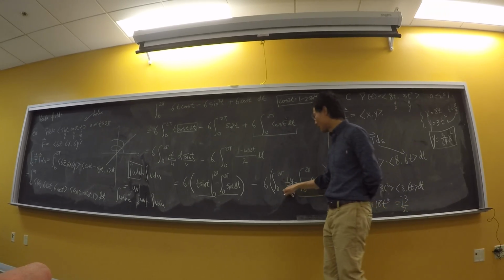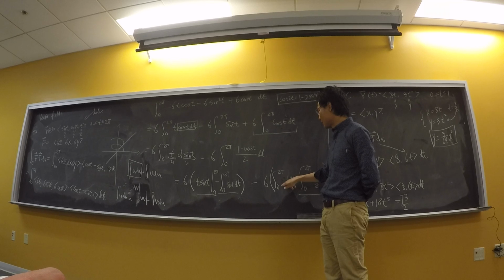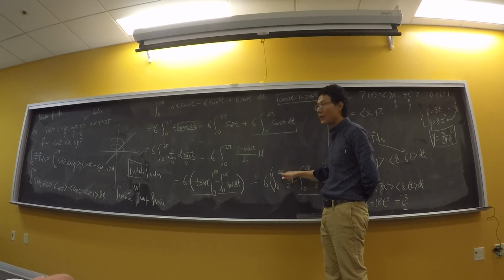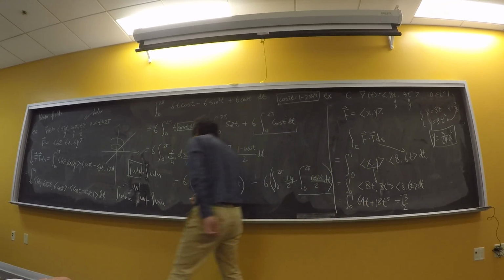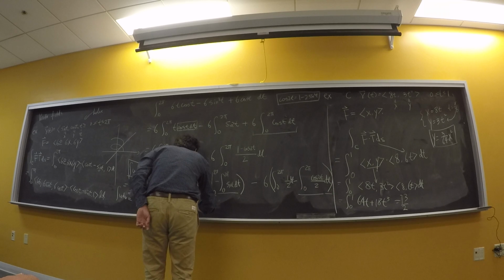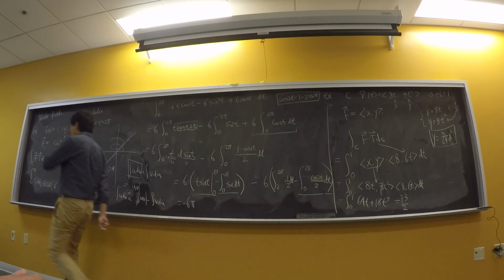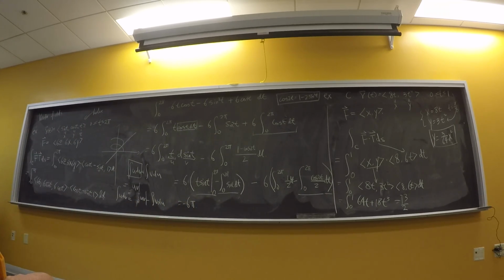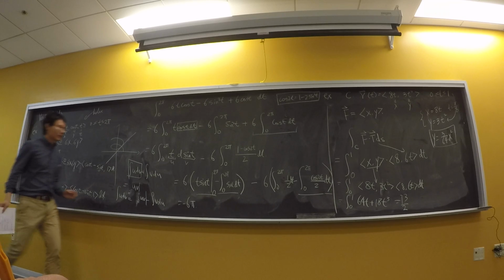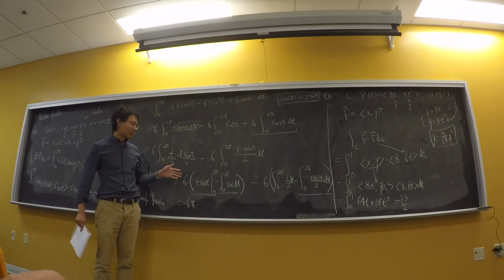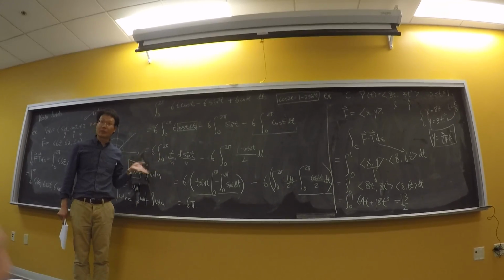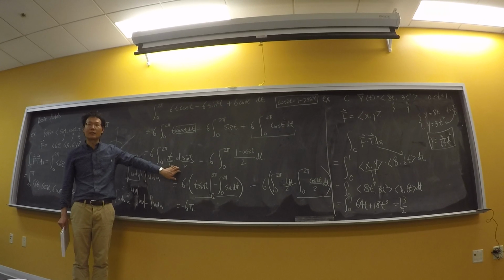So the only non-zero part is this one. Integrating from 0 to 2 pi of 1/2, you're getting a pi multiplied by 6. So in the end, it's just minus 6 pi.